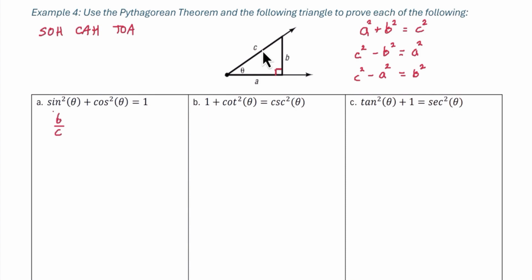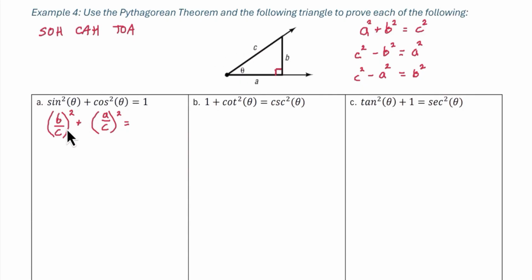But it's being squared. Plus cosine squared theta. Cosine, remember, is adjacent over hypotenuse. So we're looking at a over c, quantity squared. And we want to prove that that is equal to 1.